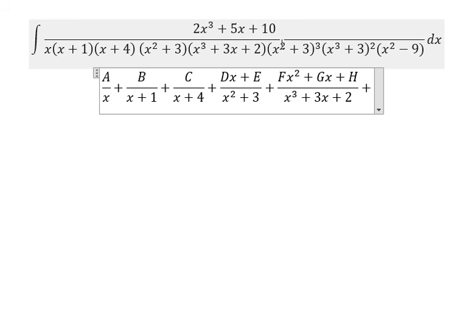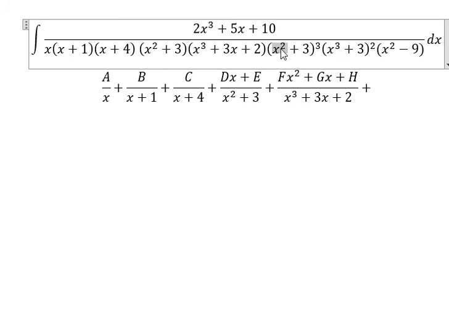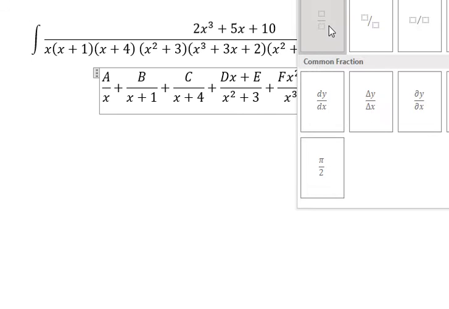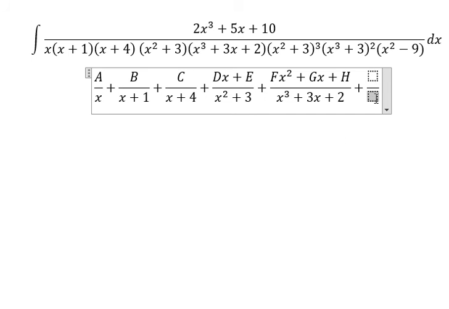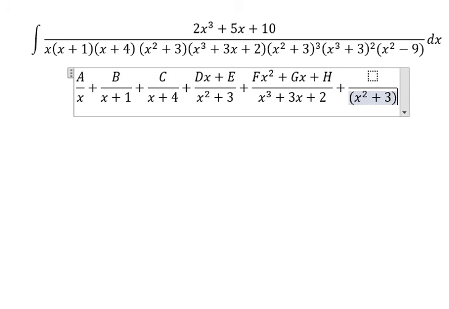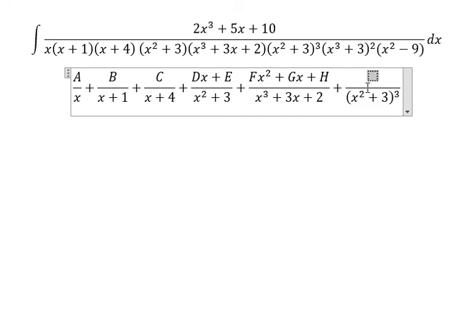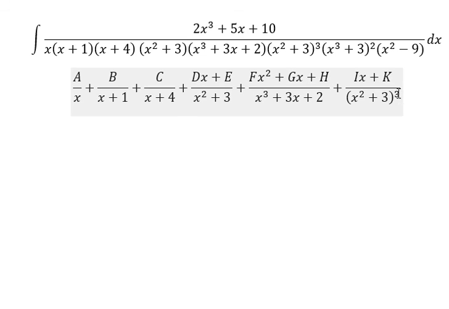Now the next one, we have the highest power of 2, and we also have the power 3. In this situation, I will put s squared plus 3 to the power of 3. On the numerator, we need to reduce one power based on the denominator, that is s to the power of 2. So this one you get J s plus K. Now this is number 3, and we need to reduce 1 unit of power.